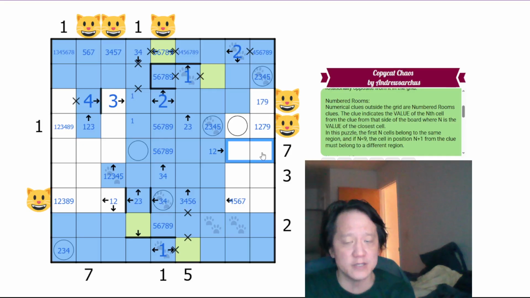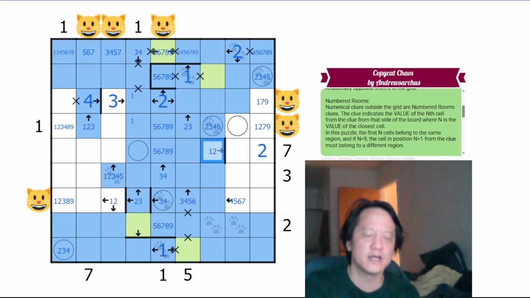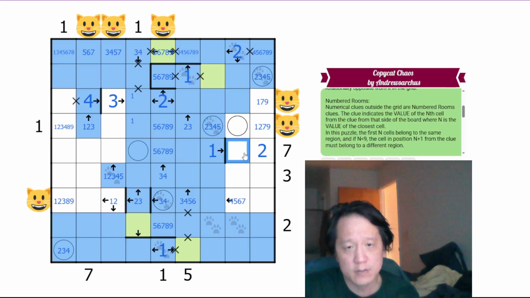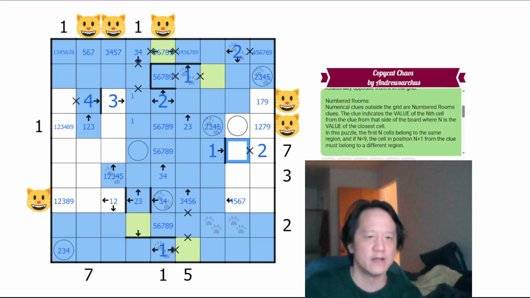It has to be in the second cell. The first 2 cells are in the same region. So then this is 2. So this has to have a value of 2. And this has to have a value of 1. And it is a 1. So we see that then this is not valid, or not boundary. So that's 7. So this is value 2. This is value 7.